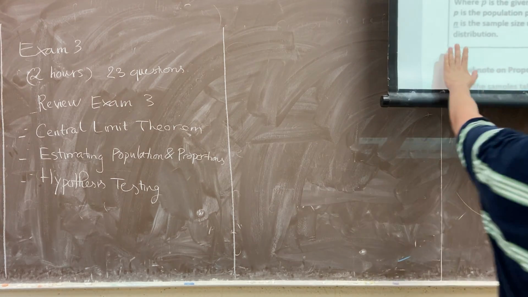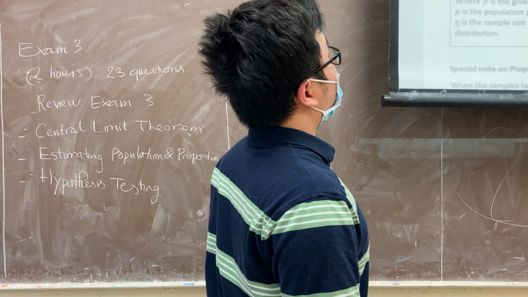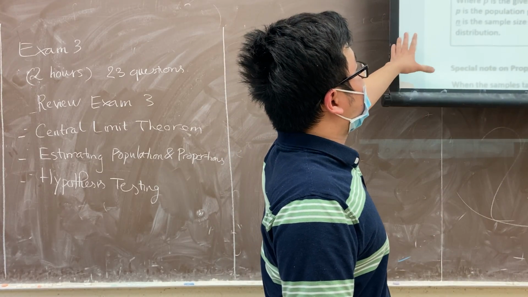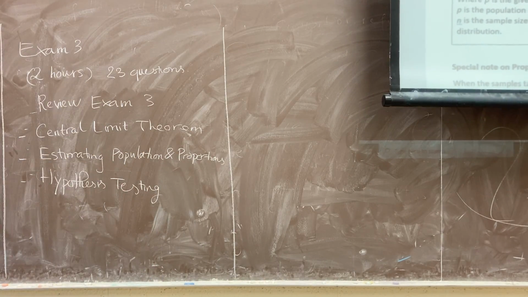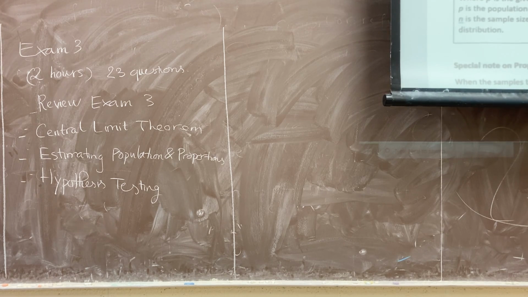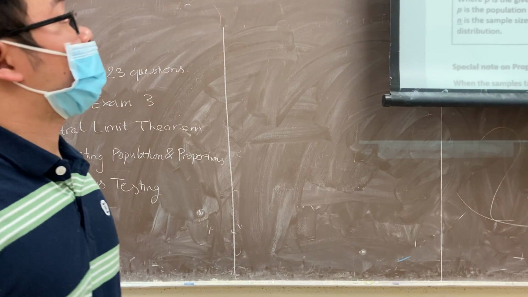If they give you the proportion, we will use the formula here. So look at the handout I gave you for chapter 7. We have formulas for sample proportion, sample mean, and standard deviation, and especially you need to remember the standard score for each kind of sample mean or sample proportion. For the sample mean, we will use this formula. For the sample proportion, we will use this formula. It depends on the case.